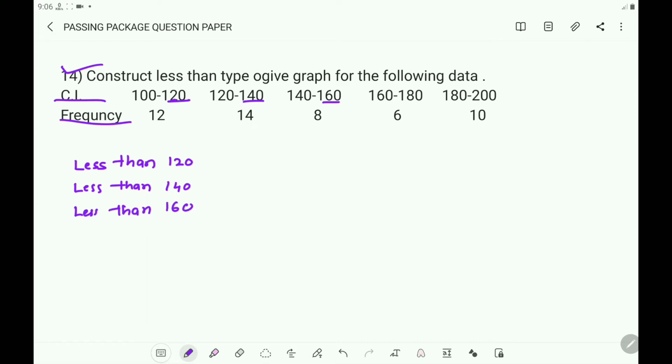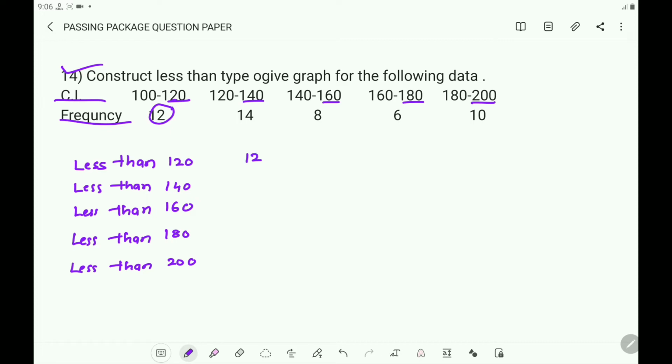Then next less than 180, then less than 200.